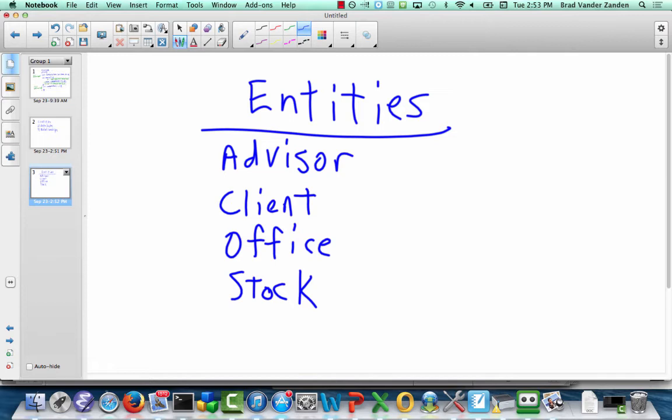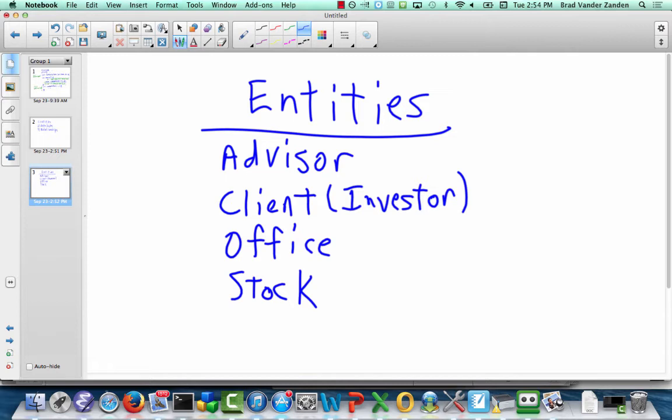Pardon? So client is an investor. So I'll just write, in parentheses, investor. These are the four: advisor, investors, office, and stock.